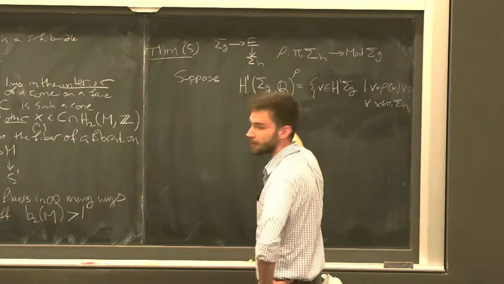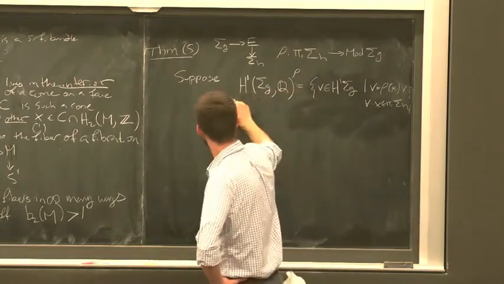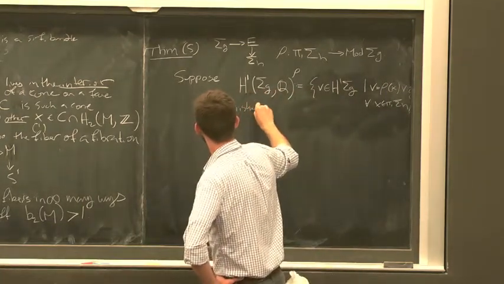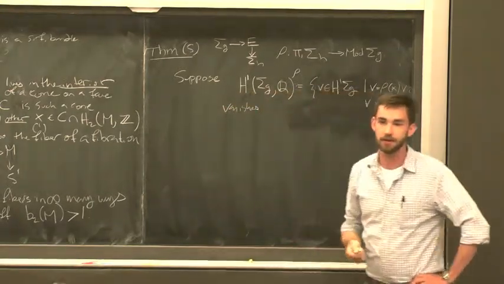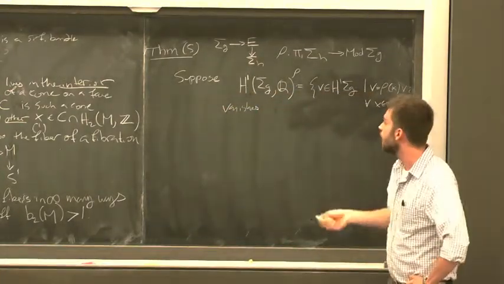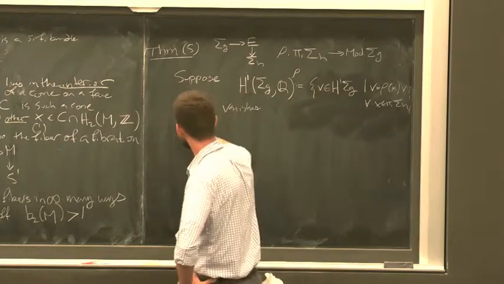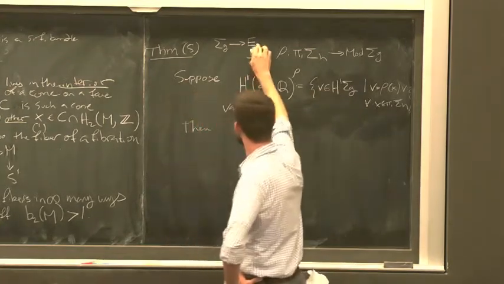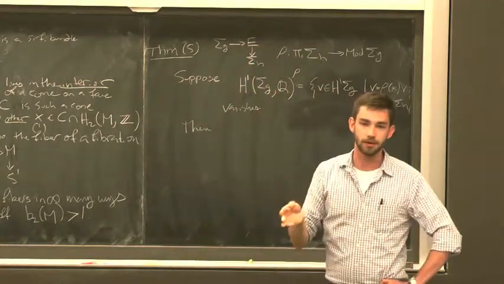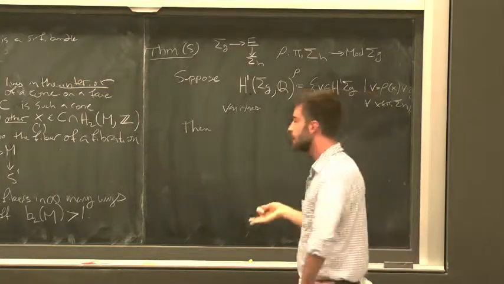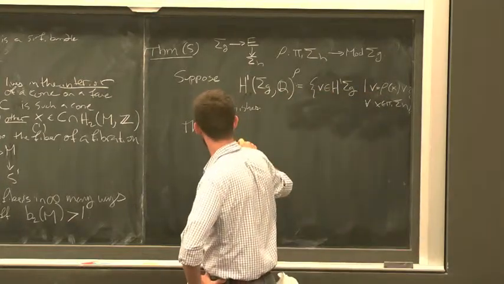So what am I assuming about this? Suppose that this vanishes. That is, there are no globally invariant cohomology classes. Under this assumption, this four-manifold has a unique surface bundle over a surface structure. So this is the conclusion of the theorem.